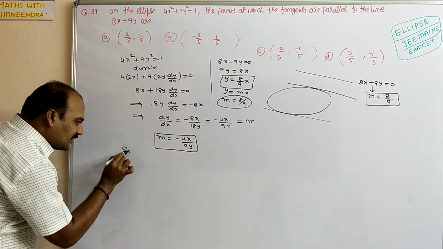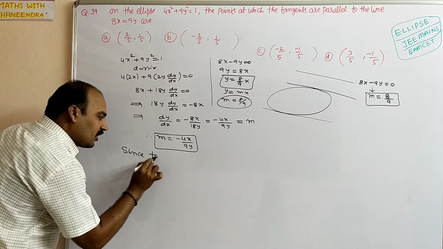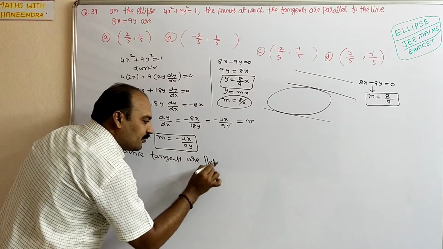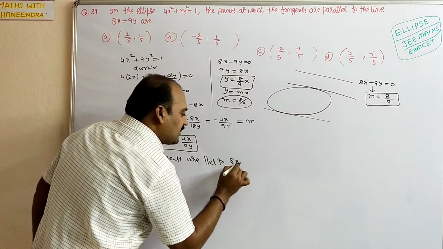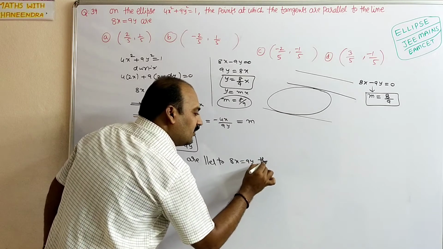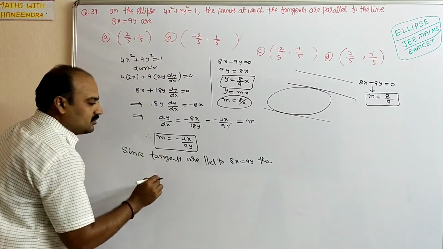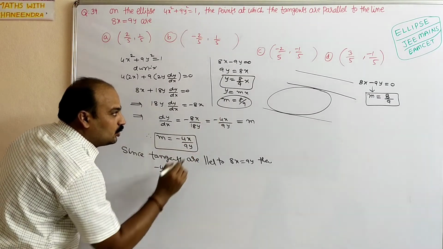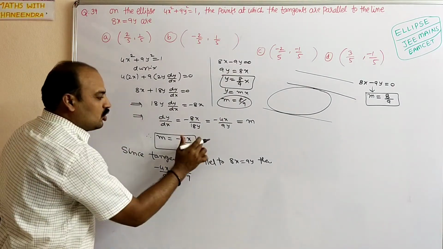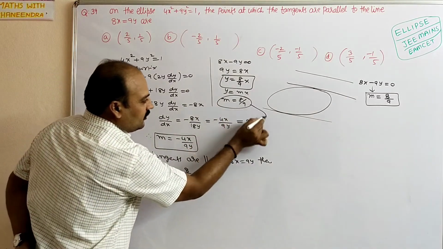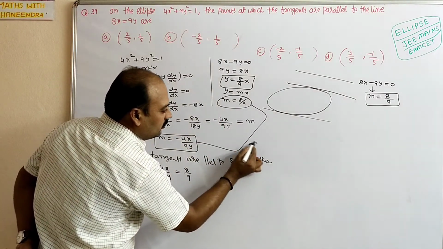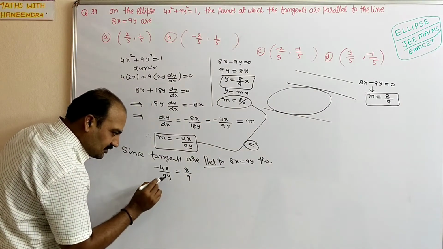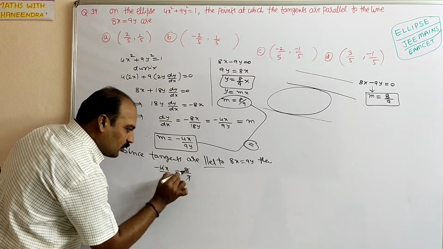Since the tangents are parallel to 8x equal to 9y, their slopes are equal. Minus 4x by 9y is equal to 8 by 9. These two are equal because they are parallel. So on both sides 9 and 9 get cancelled.